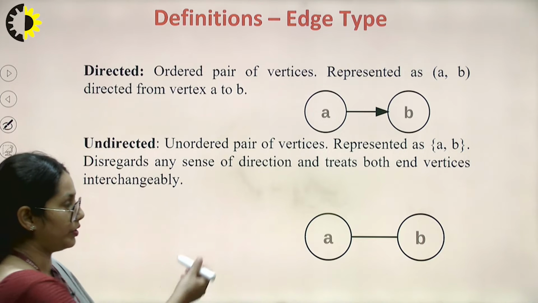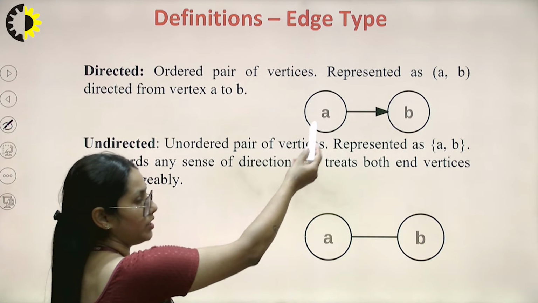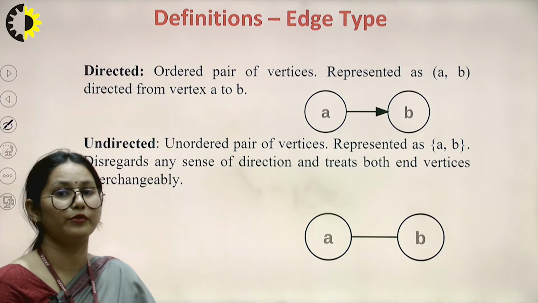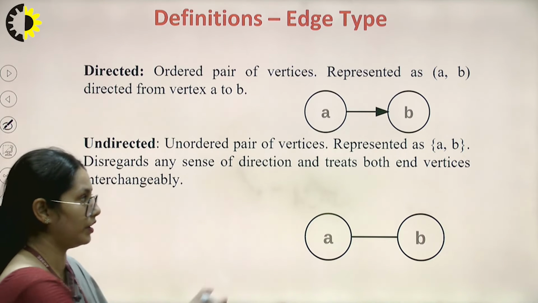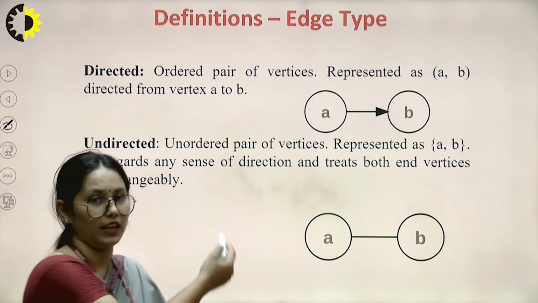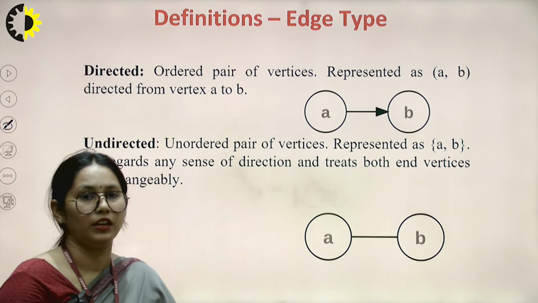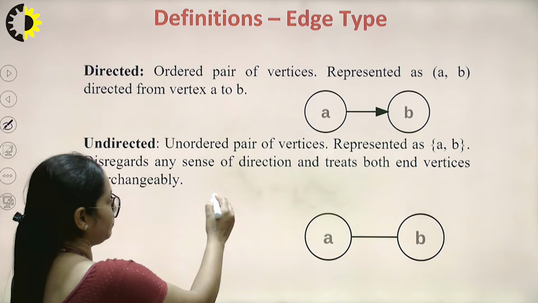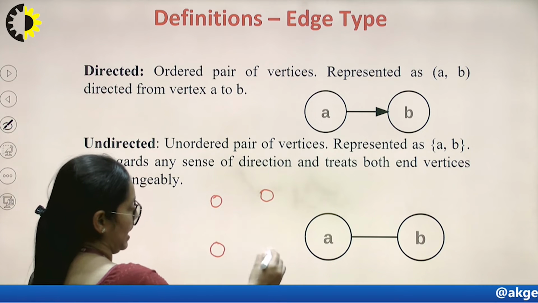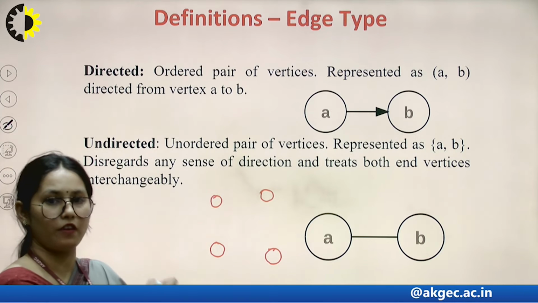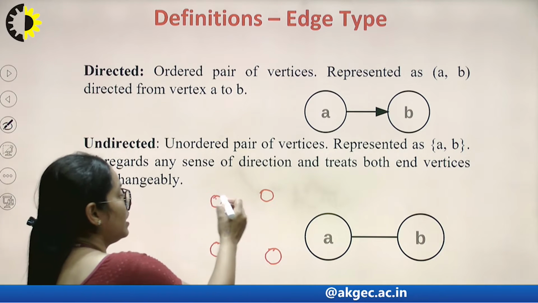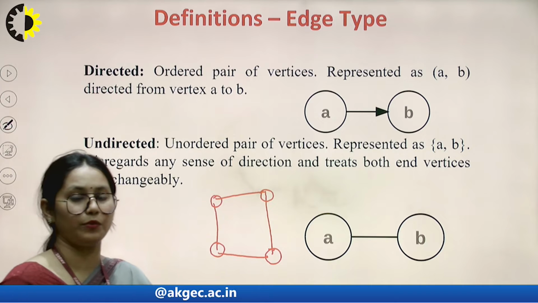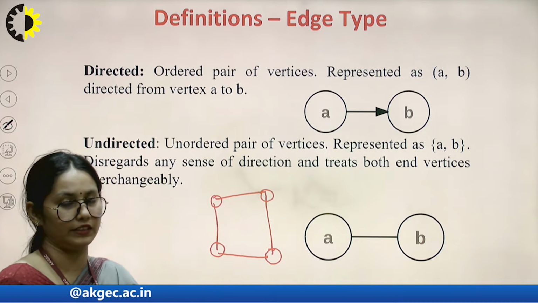If I want to go from A to B, then there should be a direction mentioned in that graph, that I want to go from point A to point B. Here in this graph, you can easily see that A is directed to B. If there are, say, 4 vertices and you have to connect all these vertices, then you must engrave the path that will be followed.